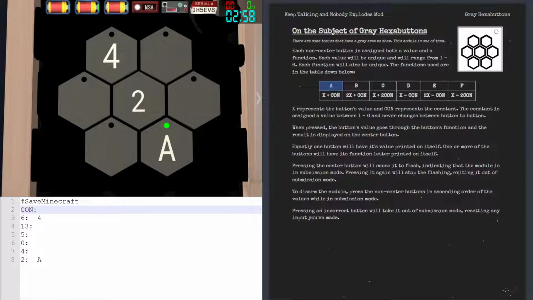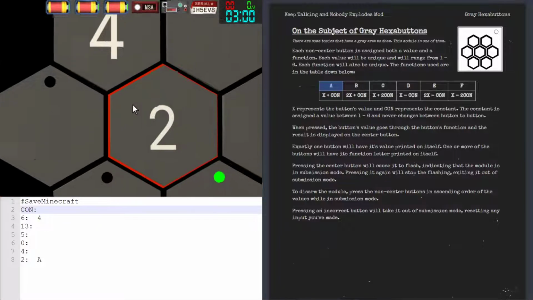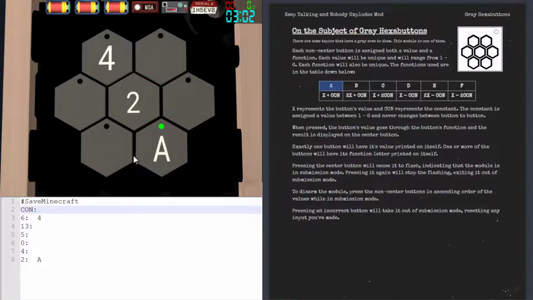Since it's a and the number is 2, there's only one possibility, in which case x is 1 and so is the constant, which is 1 plus 1 equals 2. Because of that, we know what the constant is, and we know the value of the bottom right button. From now, we're just going to do some deduction work here.